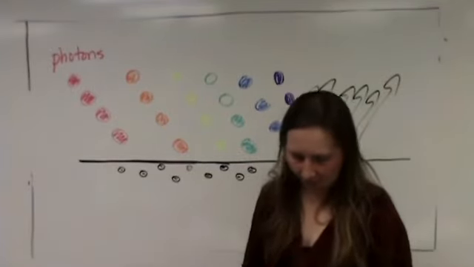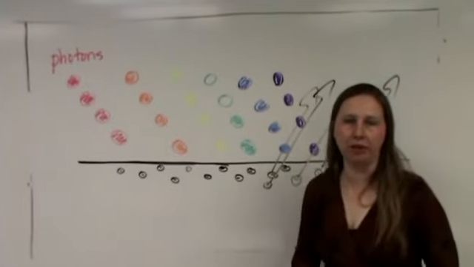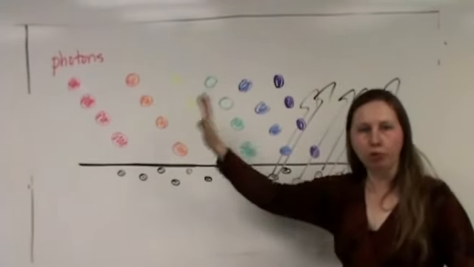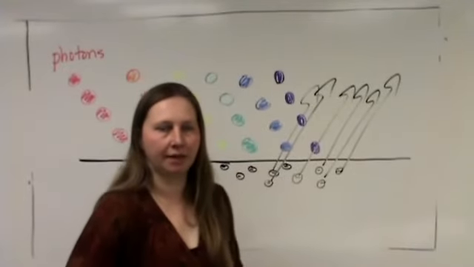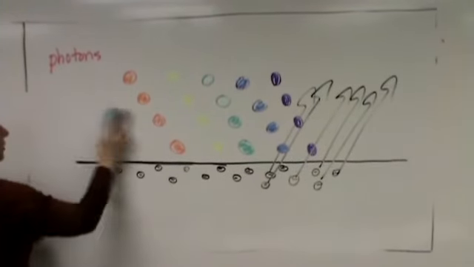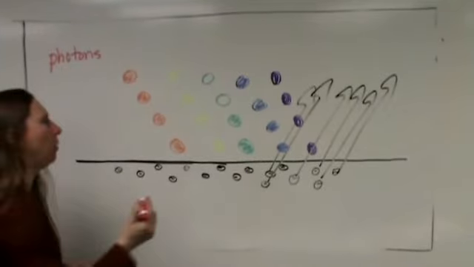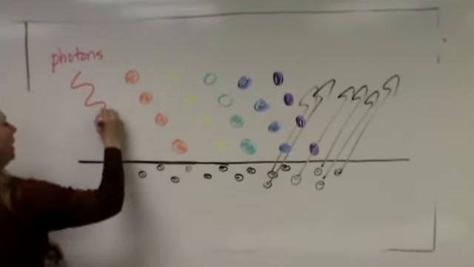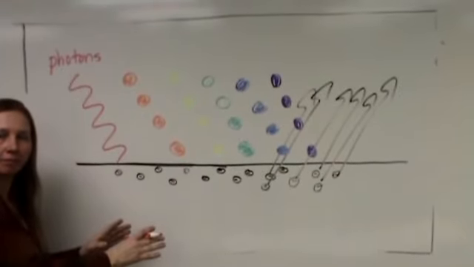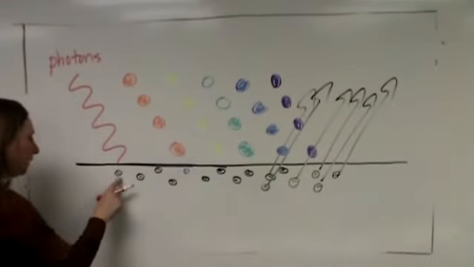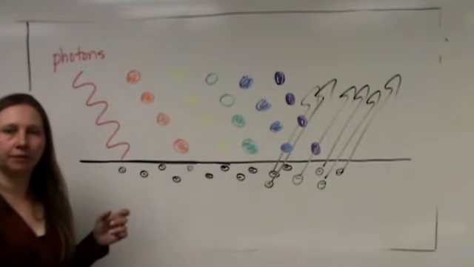Now, a simplistic explanation for why this proves the particle nature of light would be something like this. If light were only acting like a wave, then this wave would keep coming and coming and coming, and sooner or later the electron would be ejected, even by the red light.